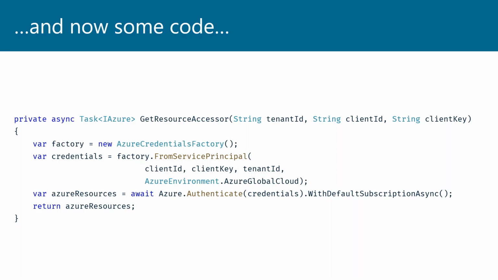And from that, I can create a set of credentials based on that service principal using that client ID, the Azure Active Directory tenant they're a part of, and which particular Azure cloud environment I happen to be working with.